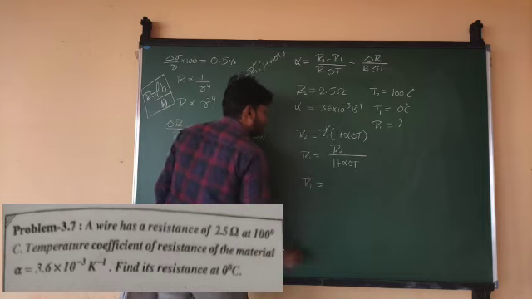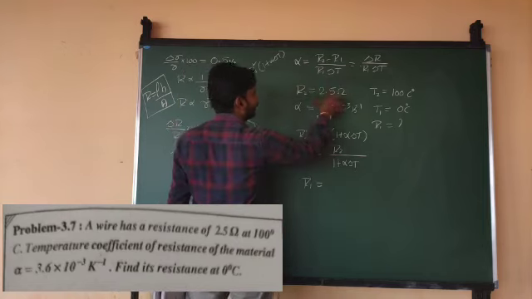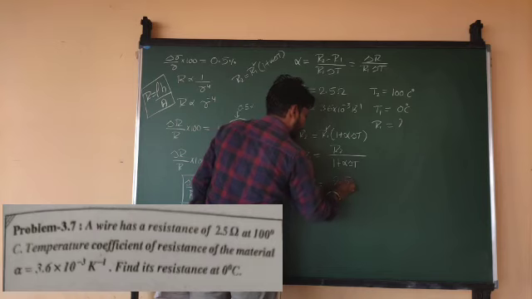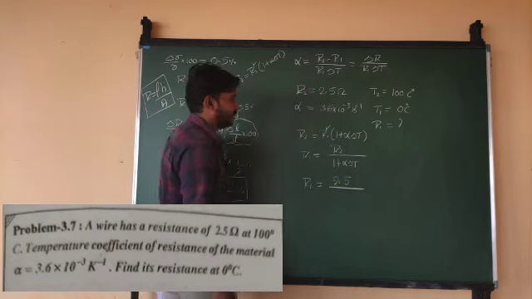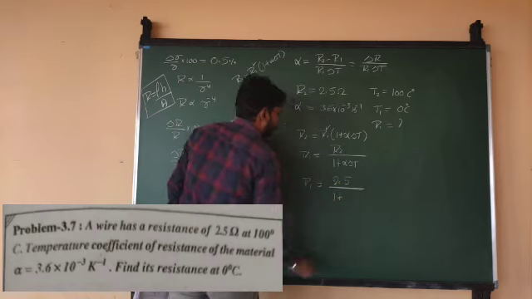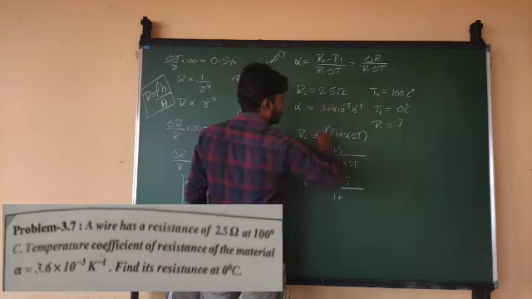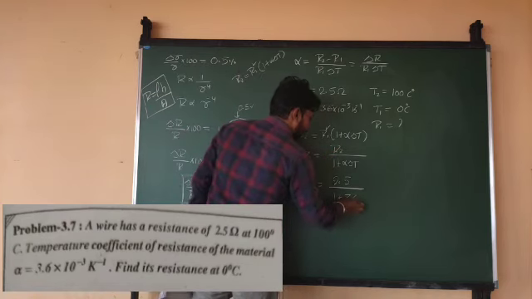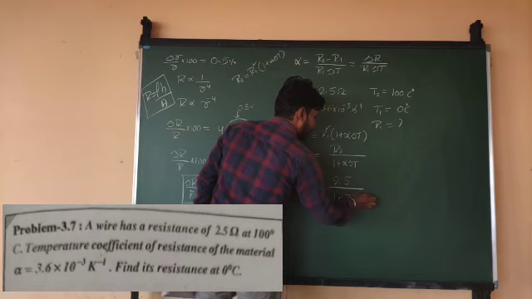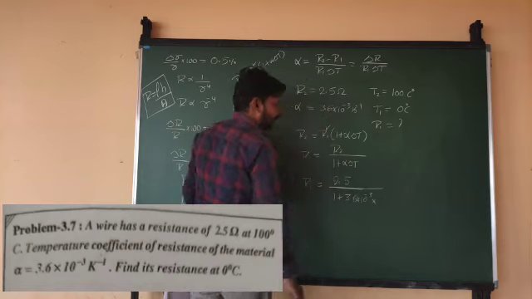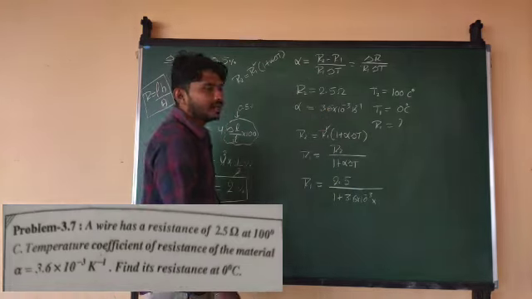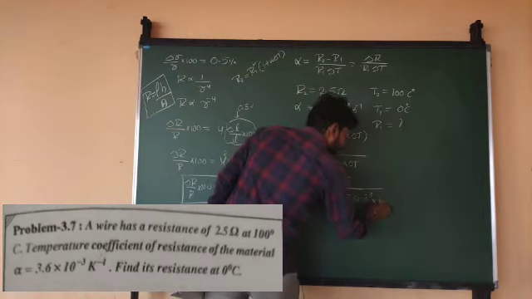R2 value is 2.5, divided by 1 plus the alpha value, 3.6 into 10 to the power of minus 3, into delta T, which is T2 minus T1, 100 minus 0. So that is 100.